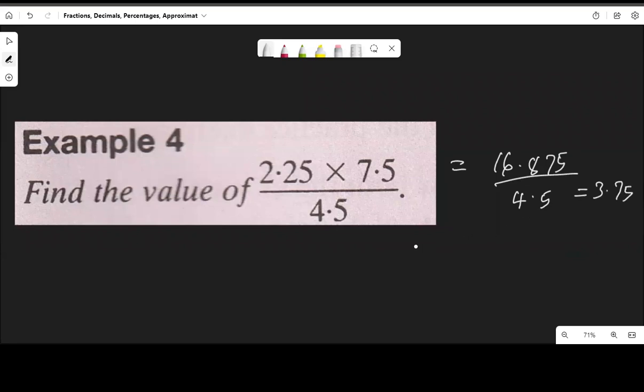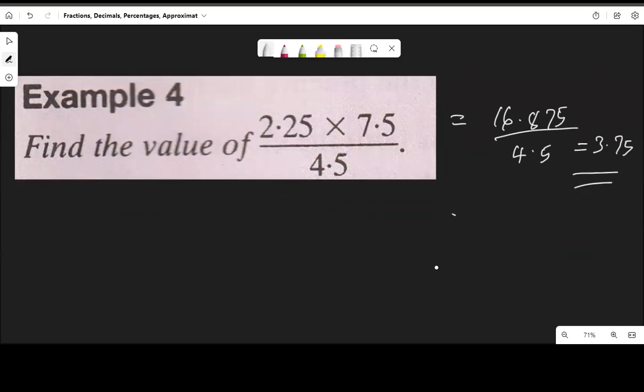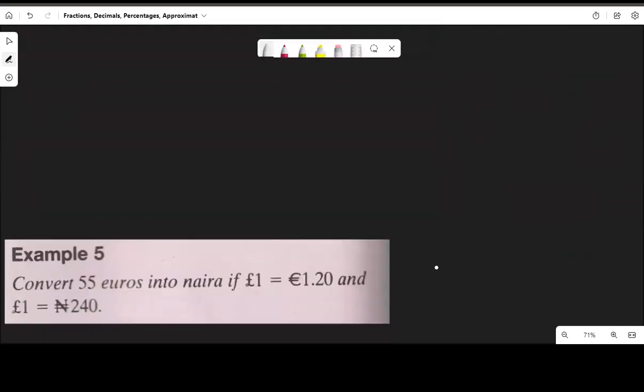Do they specify any number of decimal places? No. So 3.75 is our answer to this question. Let's move on to the next one.